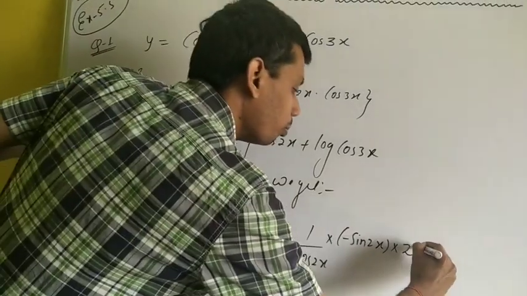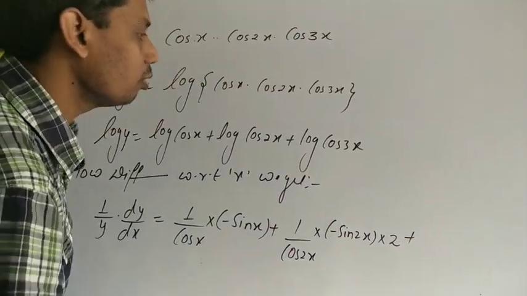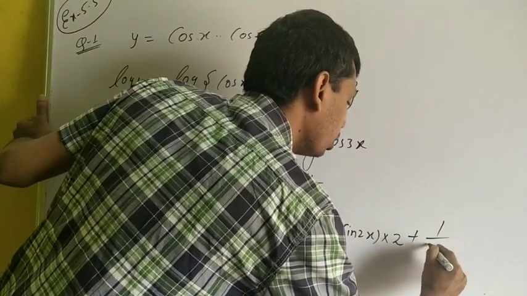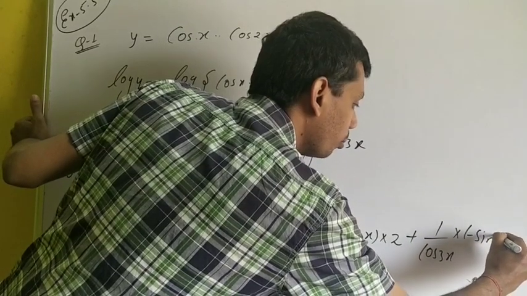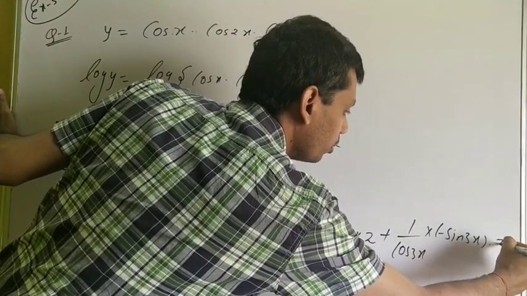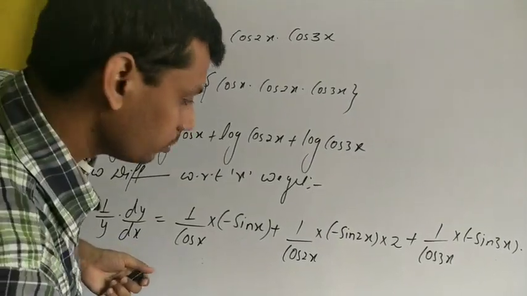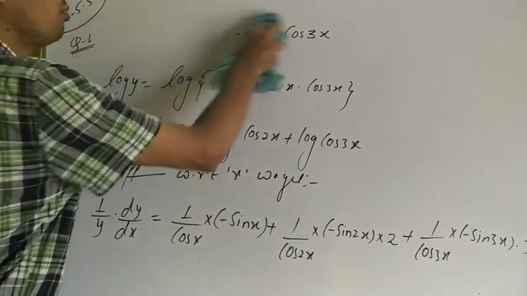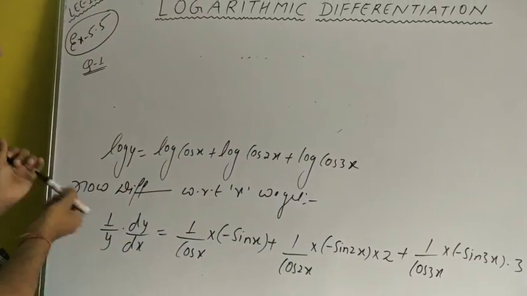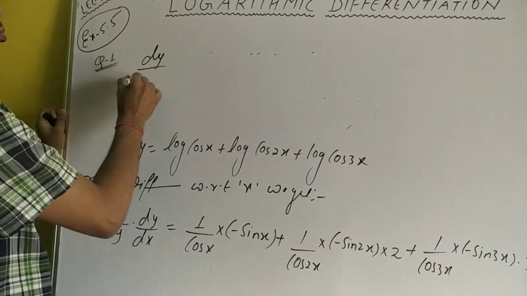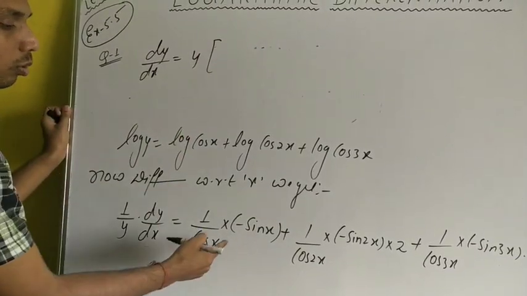Now plus log cos 3x: 1 by cos 3x, differentiation of cos 3x is minus sin 3x, and differentiation of 3x is 3.